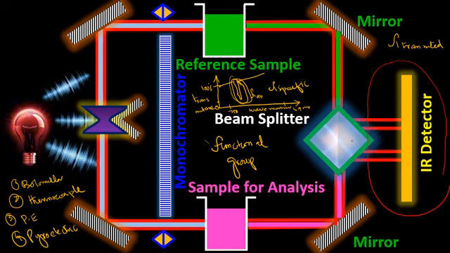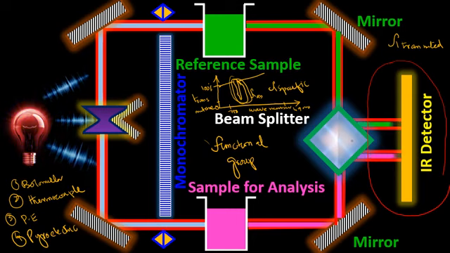Some of the infrared radiation is absorbed by the sample under observation, while for the reference we usually know the absorption and transmittance wavelength. The IR radiation from both then moves toward the mirrors, which deflect it onto a device known as a beam splitter.